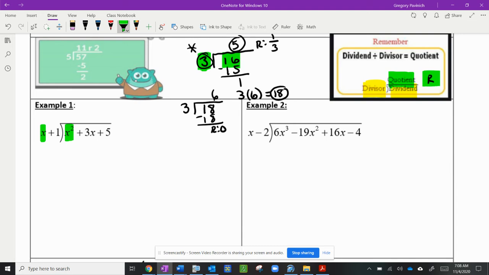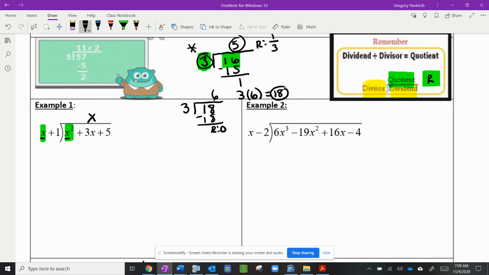What number multiplies by 3 to get me really close to 16? Here I'm going to say what number multiplies by x to get exactly x squared. So it's not about getting close, it's going to be exact. And I know x times x is equal to x squared. And I'm going to put that right above the linear term.